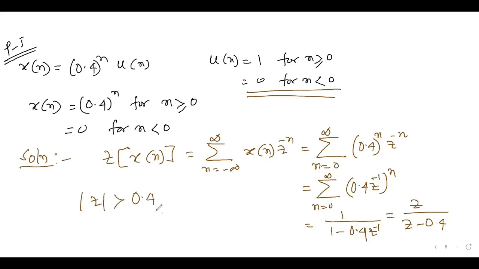If you want to sketch, please sketch the region of convergence. So let us sketch it. This is the real axis, this one is the jω axis, and we have a circle.